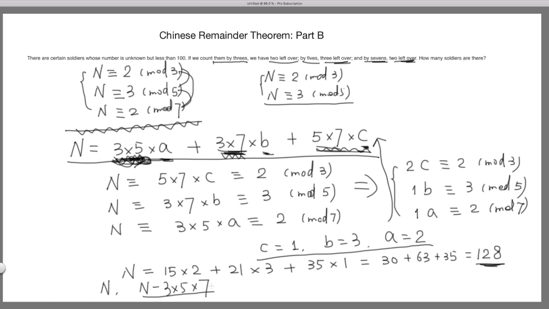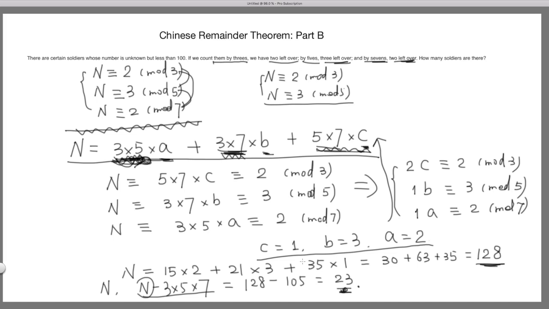Because 3 times 5 times 7, when you take it modulo 3, modulo 5, or modulo 7, is all congruent to 0. So if the original n satisfies these three equations, then n minus 3 times 5 times 7 still satisfies this. Okay, and this number is 128 minus 105, which is 23.